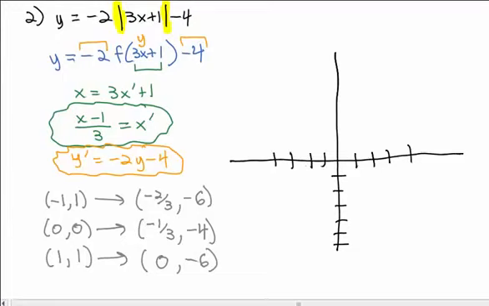And actually, I'm going to make my x's a little bit wider because we're going to be dealing with thirds inside those x's, aren't we? So the first point is at -2 thirds, -6.